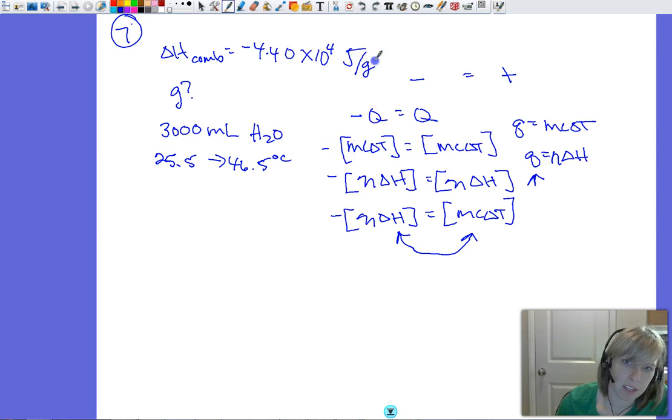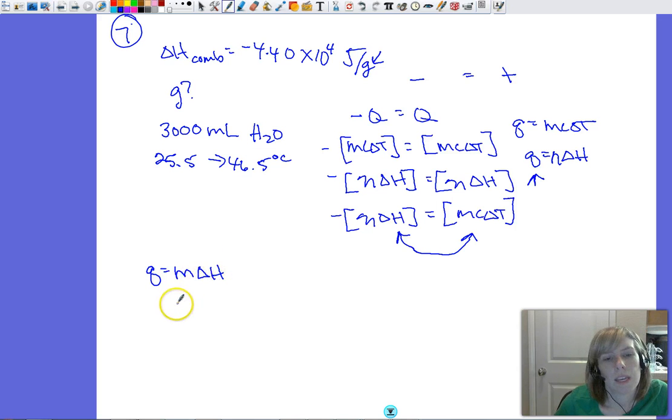And since our delta H was given in grams, we know one side is going to be Q equals M delta H. And then over here, we're given volume of water, which we can convert into 3,000 grams. And then we have a temperature change, and we know the specific heat of water as a liquid. So over here, we're going to use MC delta T.